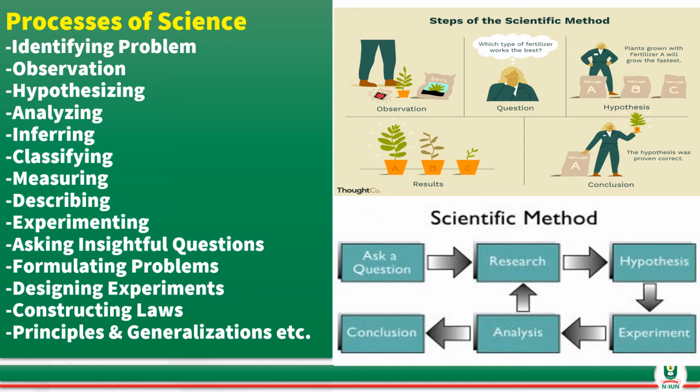They formulate problems. They design experiments, like we said earlier on. They construct laws, principles, generalization, and so on and so forth. So these are what we refer to as processes of science. If you are asked what are processes of science or methods of science, these are what scientists are generally referring to.